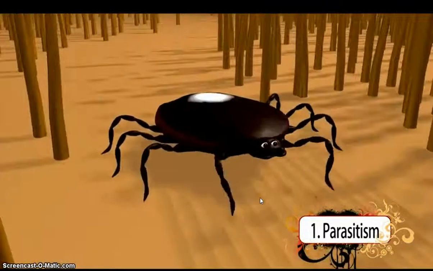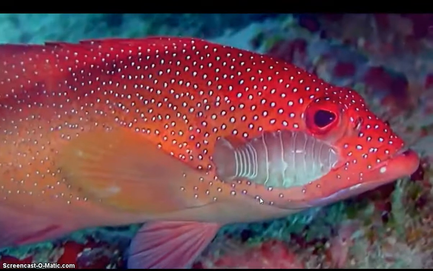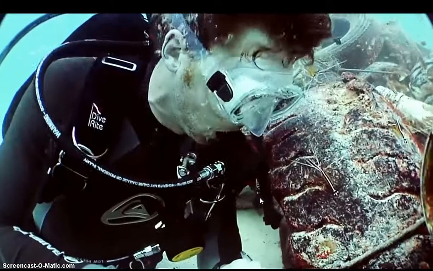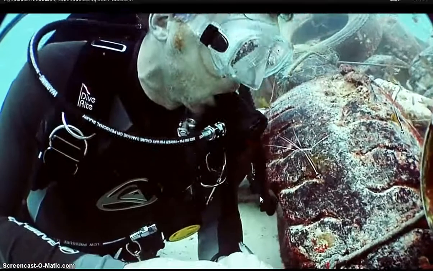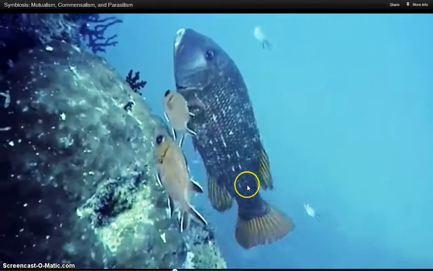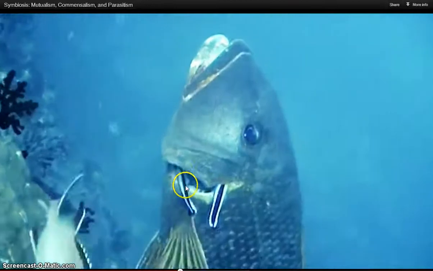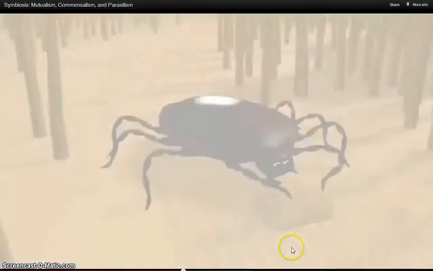There are many examples here in the ocean. Take parasitic fish lice, for example, that cling to a host fish and feed on its body fluids. Amazingly, fish will sometimes find a cleaner fish or a cleaner shrimp to help remove the parasites from their scales, mouth, and gills. When this happens, a mutualistic relationship is formed between the fish and the cleaner organism.